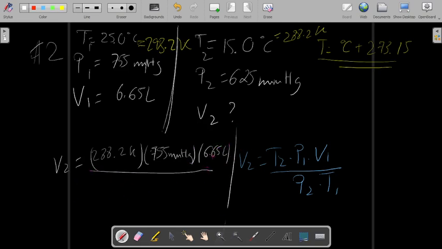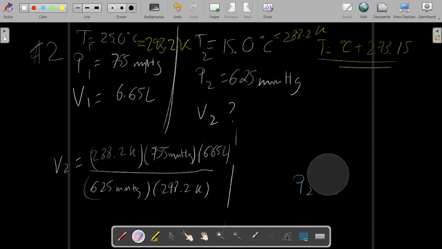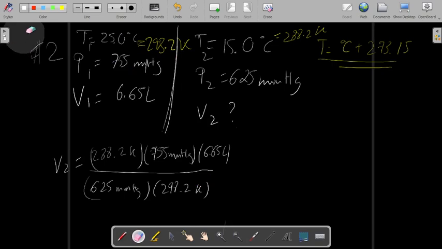And then I have to divide by what? Pressure 2, so 625 millimeters of mercury, and also multiply it by the temperature 1, which was 298.2 Kelvin. Okay, I'm going to erase these. And what does that come up to?